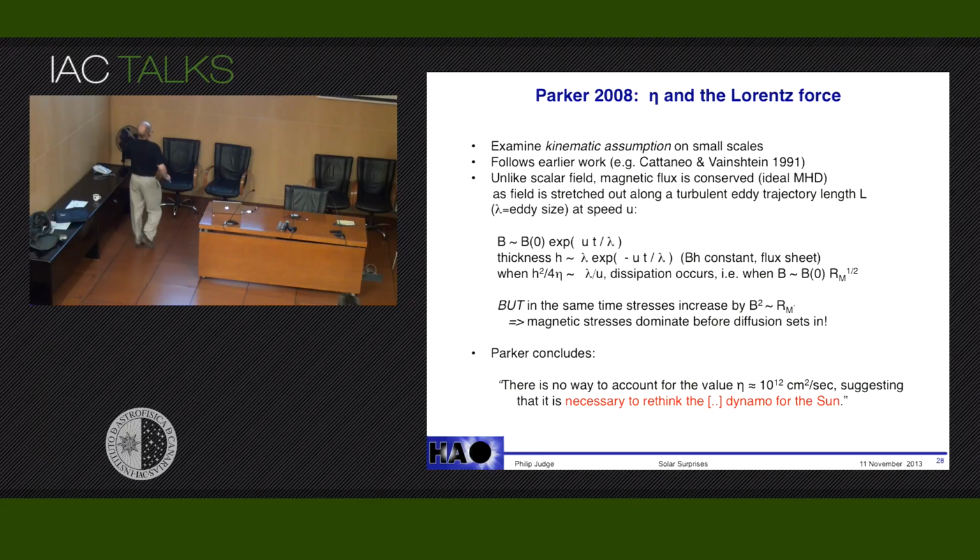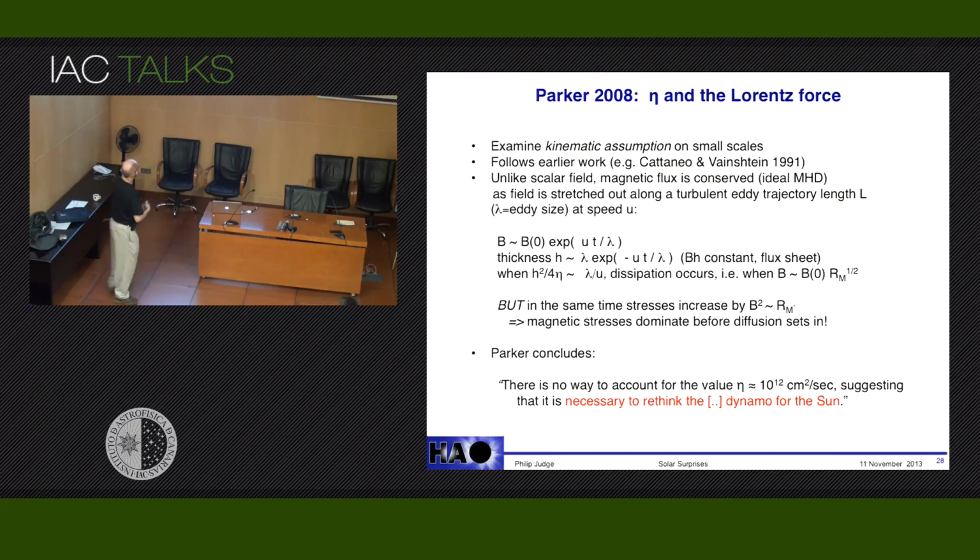So his conclusion is that if one is to look at the small scale in hydrodynamics and look at the initial kinematic growth of the magnetic field, before it gets to the point where it can dissipate, you better deal with the magnetic stresses. Now, Parker has not solved that set of equations in a numerical thing. He doesn't do that kind of work.